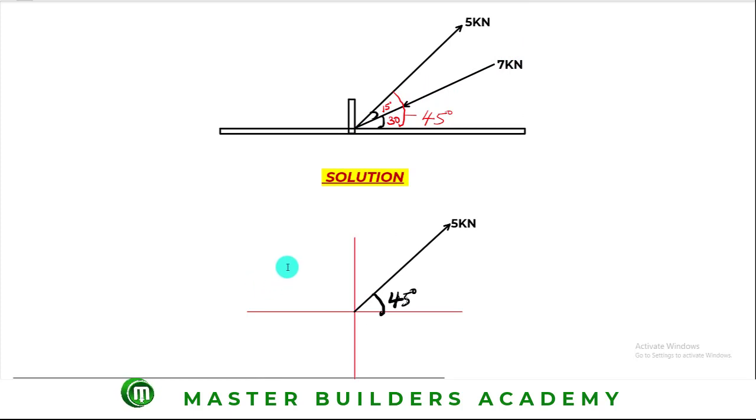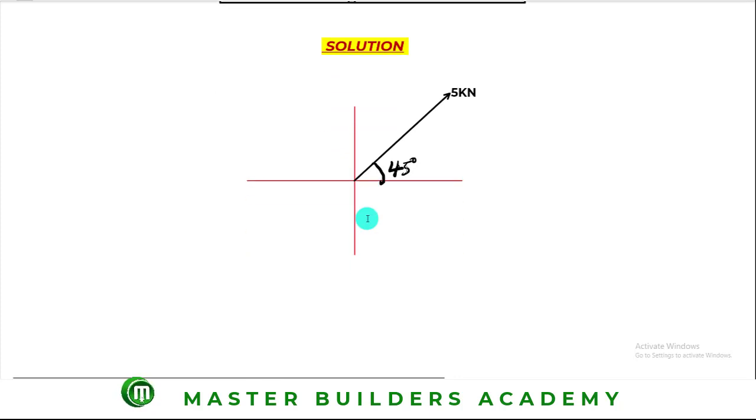Why? Remember that under the characteristics or properties of forces, we were told that forces have what we call the line of action. So a force in one quadrant can actually be extended to come out from another quadrant. So if we do this, because this 5 kilonewton is making angle 30 with the horizontal, we are going to also do that in the third quadrant. So let's get our shape.